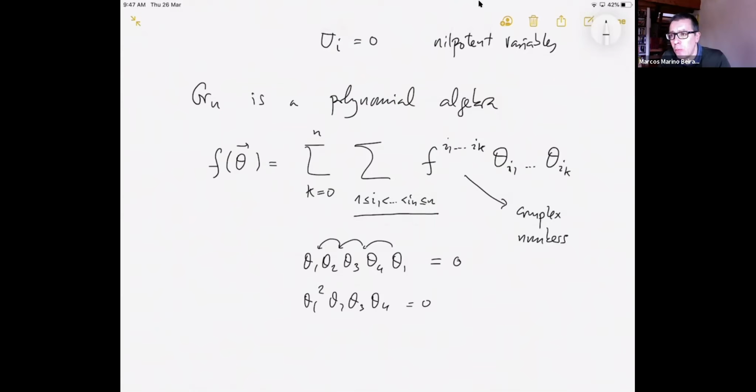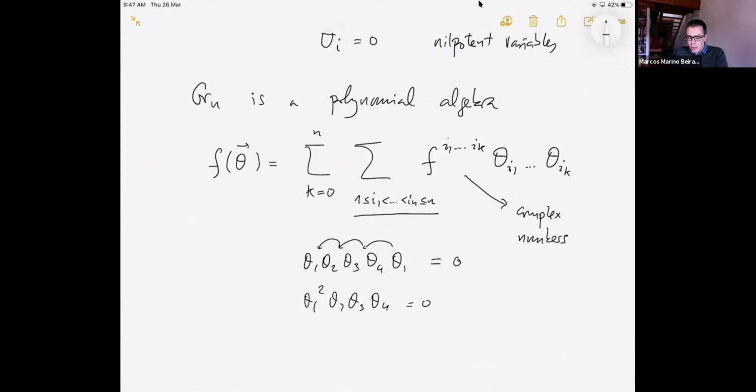You have differential forms on a manifold of dimension n. You cannot have differential forms of degree higher than n. And you also have this anti-commuting property, that the coefficients of the differential forms can be ordered in this way.